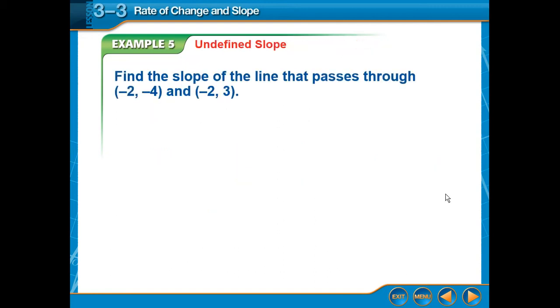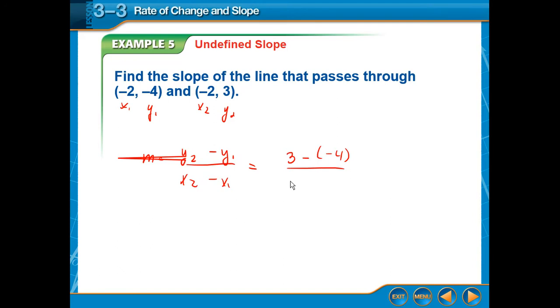Okay, and again, same thing. Find the slope of the line that passes through x1, y1, x2, y2. m equals y2 minus y1 over x2 minus x1. So y2 is 3, y1 is negative 4. x2 is negative 2 minus x1, which is also negative 2.